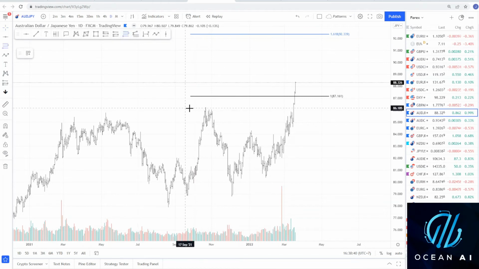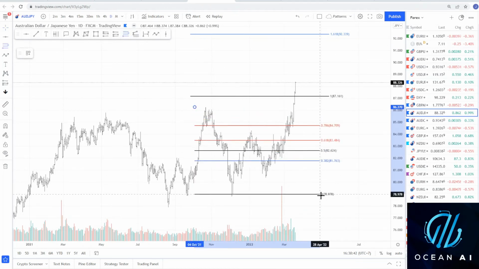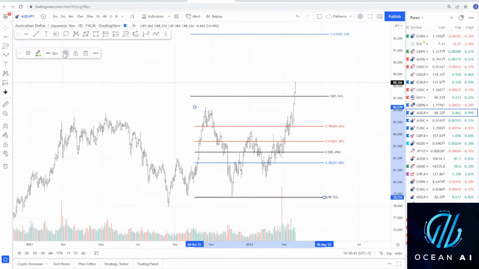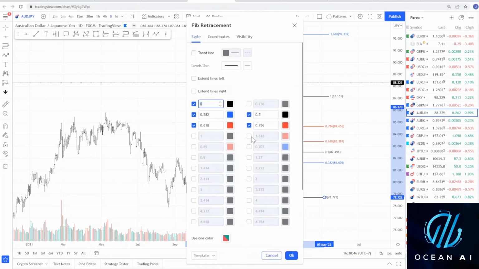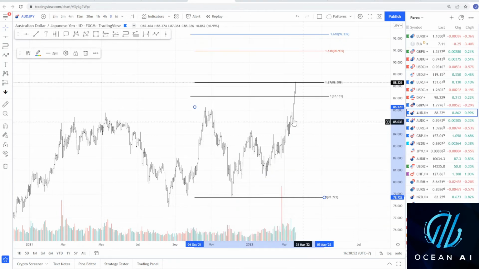So if we look at extension levels from here, it'll take us up. Just do those 1.27, which is where we are now from this one. We're at the 1.27. The 1.618 is up around the 91 area.